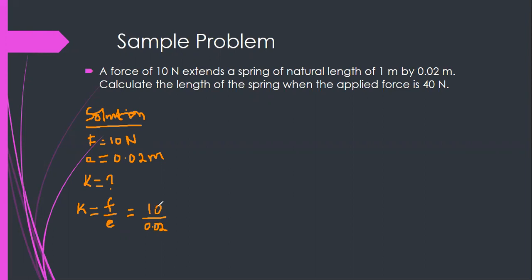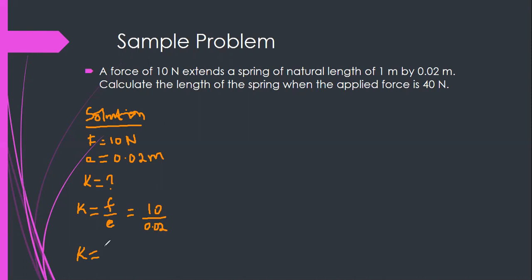Can someone press the calculator? Yes, we should have 500 if I'm correct. 10 divided by 0.02. So we have 500, which means 500 Newton per meter.